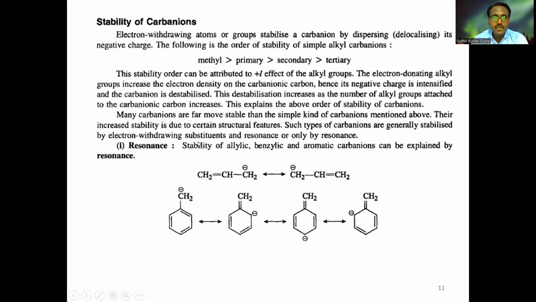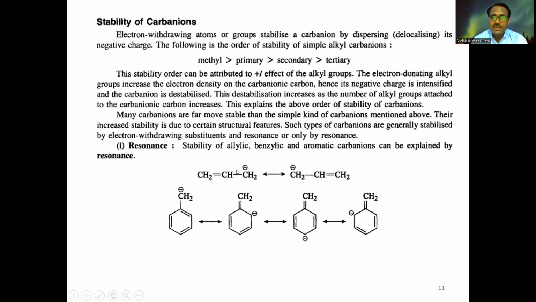If we try to look from the point of view of resonance, then if this carbanion is attached to a phenyl group, the stability increases. Why does it increase? Because of this resonance, the negative charge is distributed among four resonating structures.